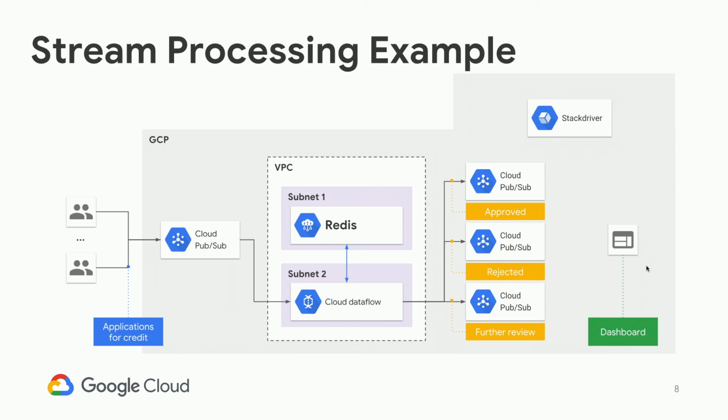And then you can use Cloud Dataflow in order to process these events very, very quickly. One of the key use cases for Redis that we see in this particular architecture is that customers use Redis to store state that they want to look up really quickly, or if they want to store some aggregate data that they really want to retrieve for further processing. So this is a very good example of how Redis gets used for the stream processing use case.